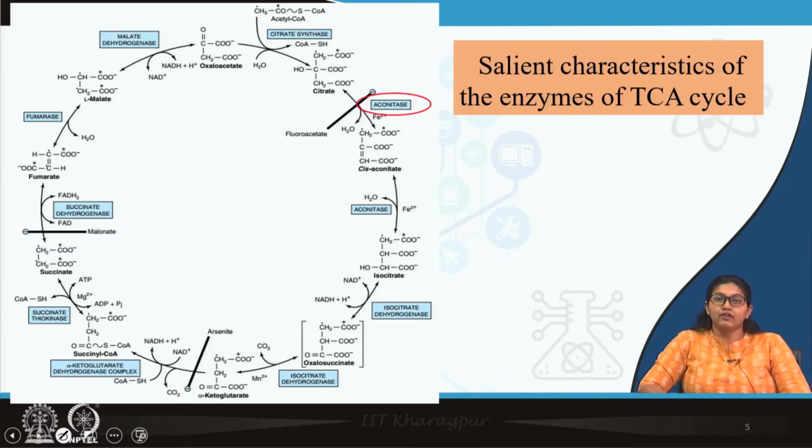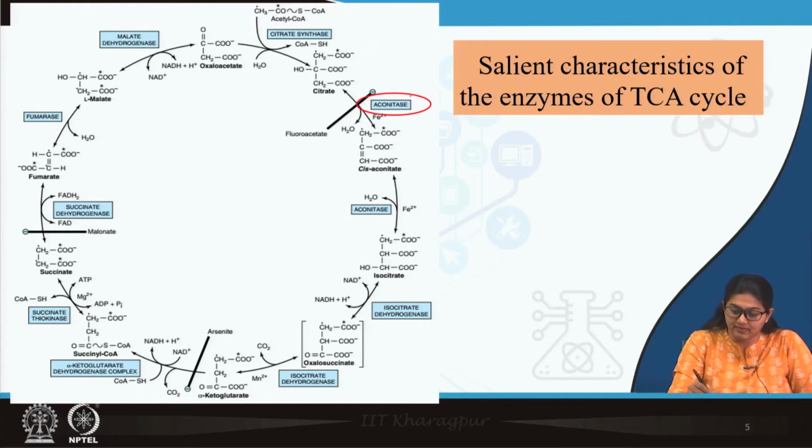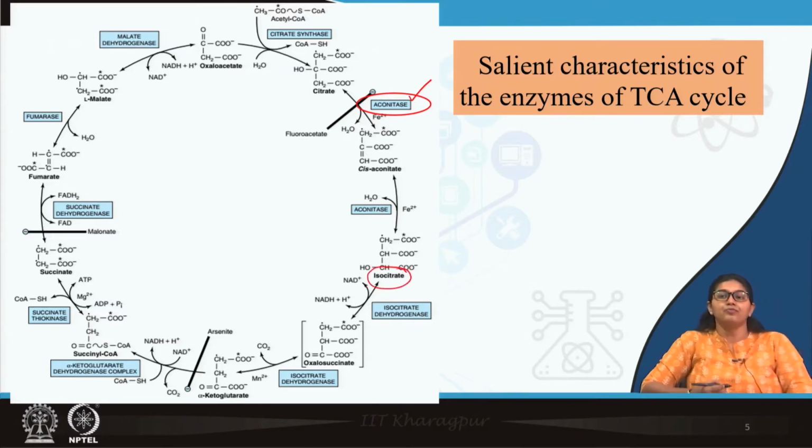Number 1 is aconitase. Aconitase catalyzes an isomerization, in which citrate forms isocitrate with the help of the aconitase enzyme. Aconitase has one important iron sulfur center, which acts as a prosthetic group within the enzyme molecule.